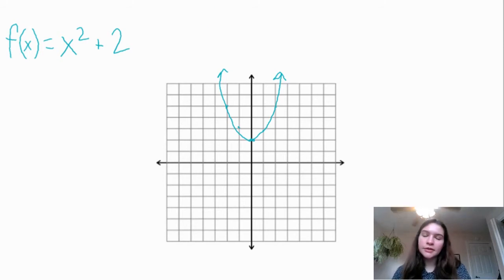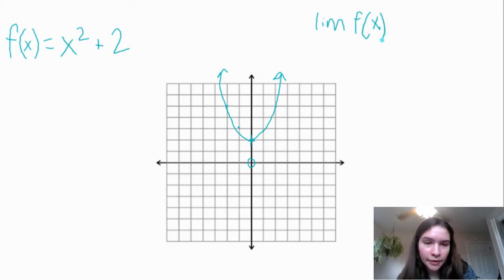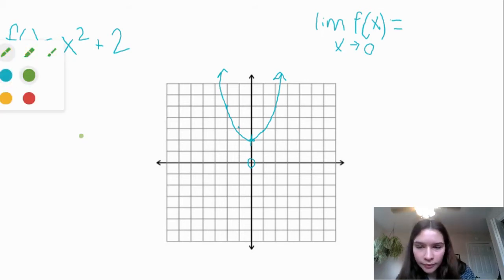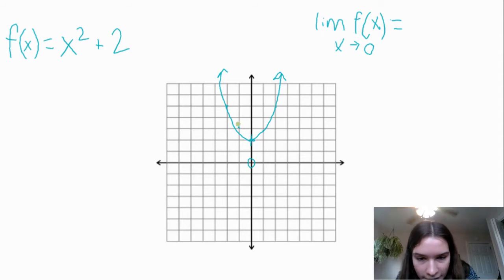Okay, great. So how about we find the limit at, let's do right here at 0. So this is 0 right here, and we'll write this out as the limit of f of x as x approaches 0 equals, and then let's see where it's approaching.